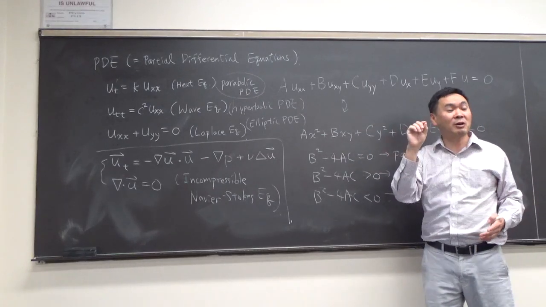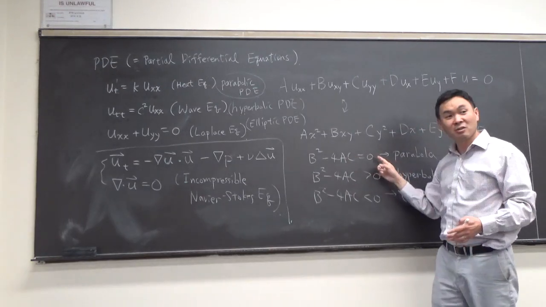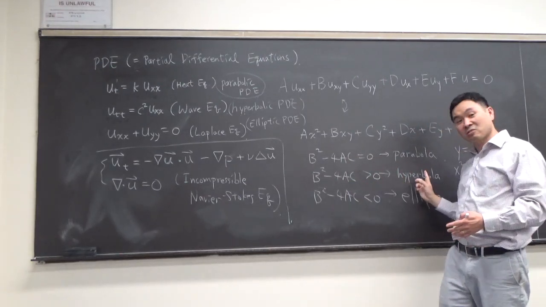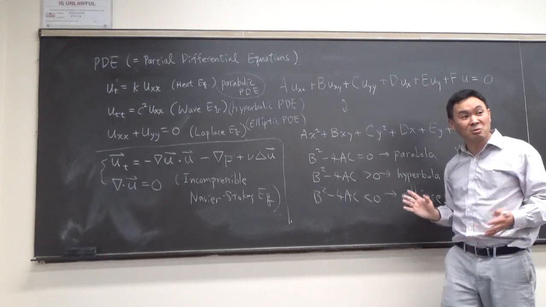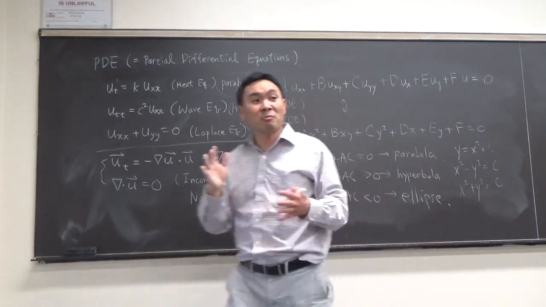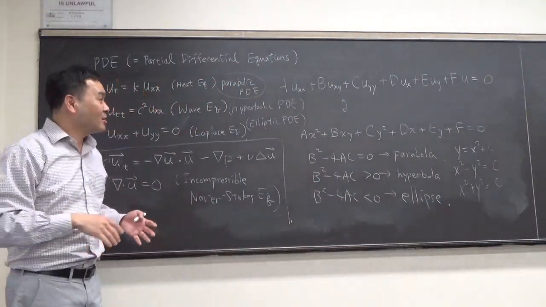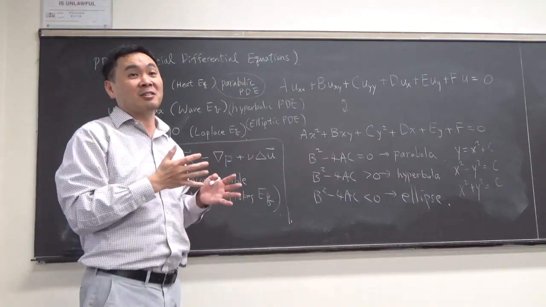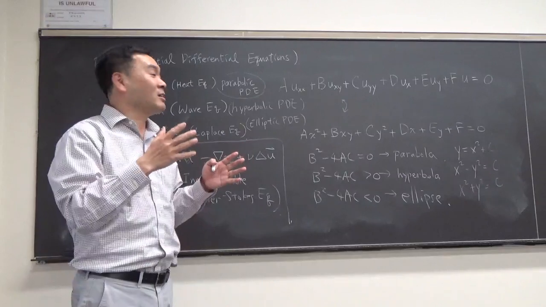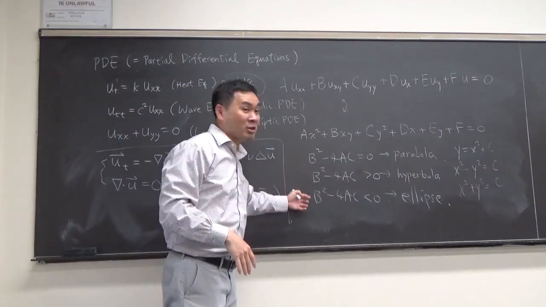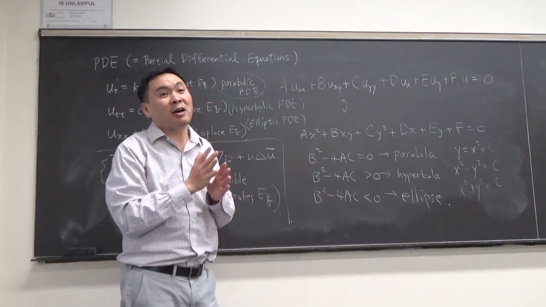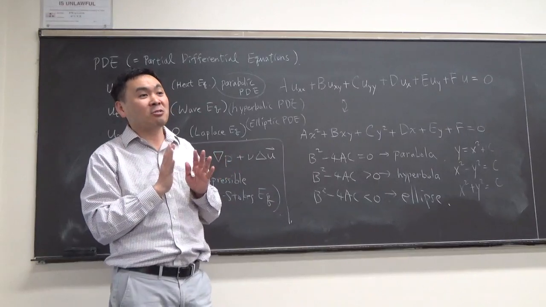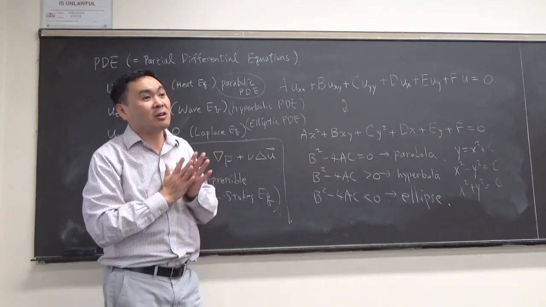So for some x and y points, you might have this parabolic, some other points it's hyperbolic, some other points will be elliptic. If you have a mix of those things, then it's considered a very, very hard problem, even if it's a linear PDE. If you have a mix of a hyperbolic one and elliptic, people had major trouble trying to solve those problems.